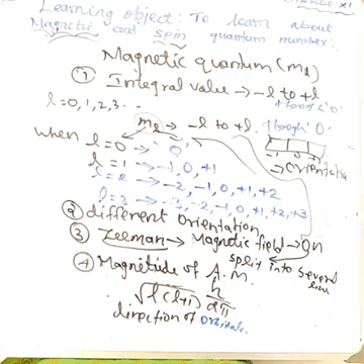The Zeeman effect provides the experimental justification for this quantum number. The magnitude of angular momentum is determined by the quantum number L, while its direction is given by the magnetic quantum number. Understood? I hope all of you understood.